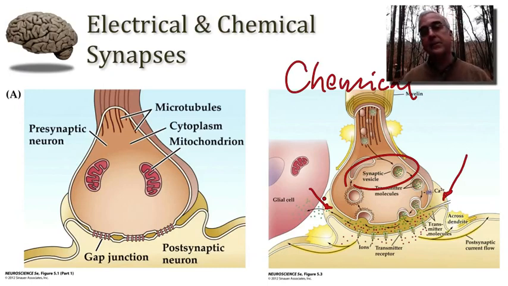Now, the chemical synapse is the principal type of synapse we find in the adult nervous system. I should have made this point earlier. Electrical synapses are much more common throughout the nervous system as the nervous system is first being constructed in embryogenesis.